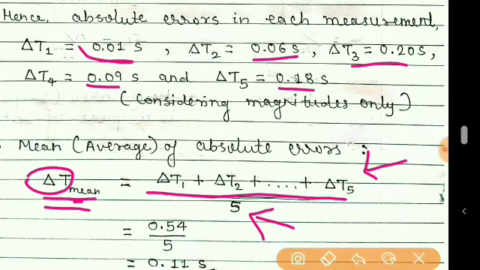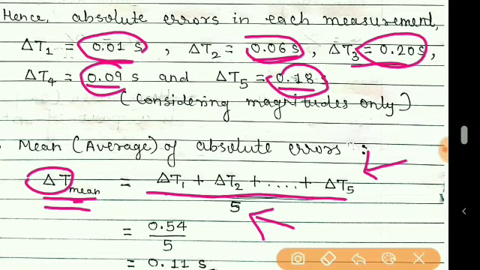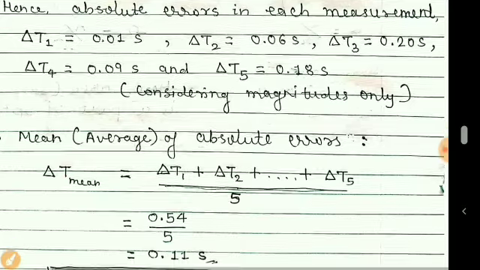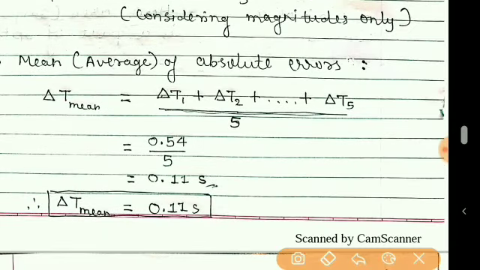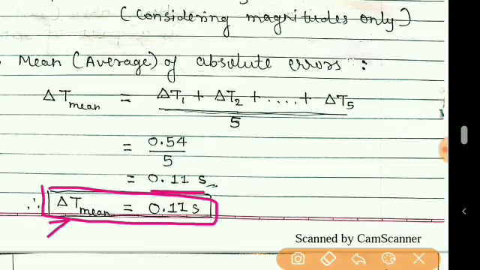The addition of all these values comes out to be 0.54, and if we divide it by 5, then it will be 0.11 second. So this is the average absolute error denoted by delta T mean. You can write here mean or you can write here average. The meaning is the same.